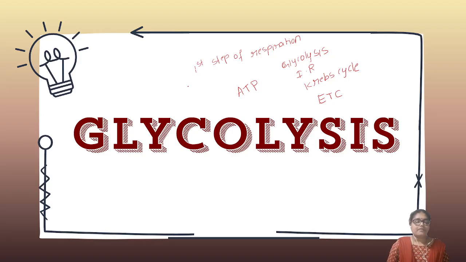So, from where do we get glucose? We get glucose, galactose and fructose from the complex molecular structure starch.